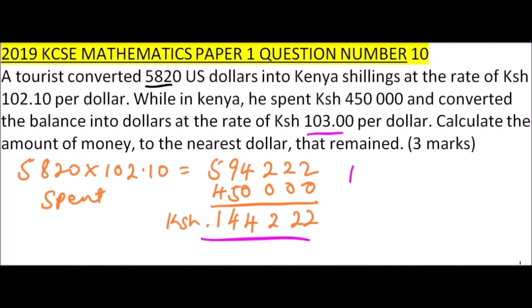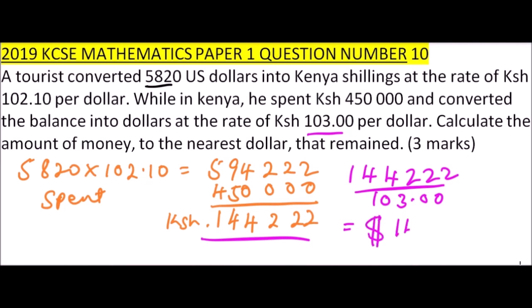So you divide the amount that he had, 144,222, by the value change, which is 103.00, and using your calculator, you should get dollars, 1,400, and this is to the nearest dollar.